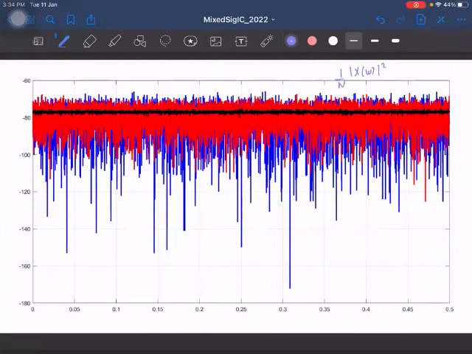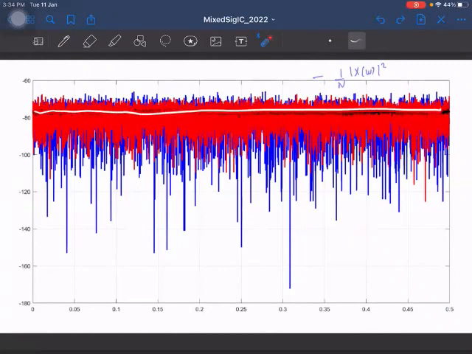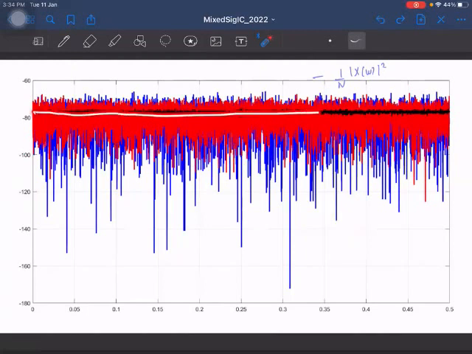I took around 50 such estimates and averaged them. And I find that finally I get this black curve. And this is more or less fairly constant. And as expected for a white noise sequence, I get a constant power spectral density.